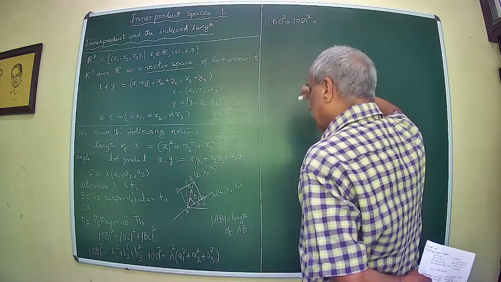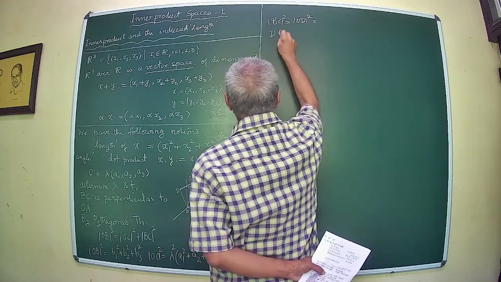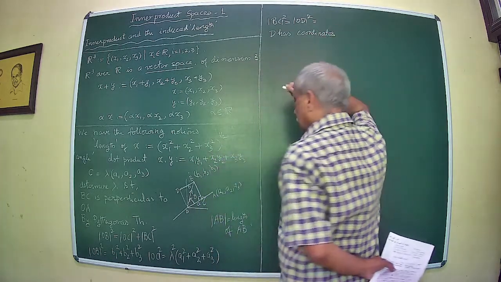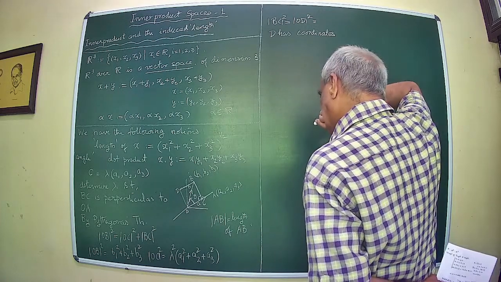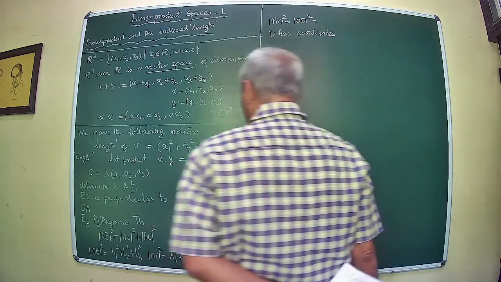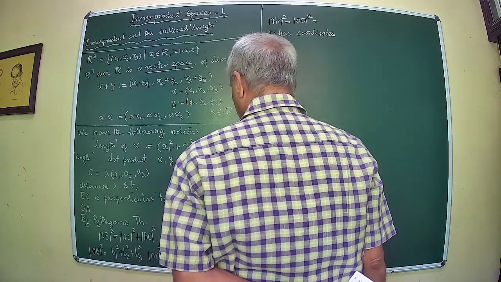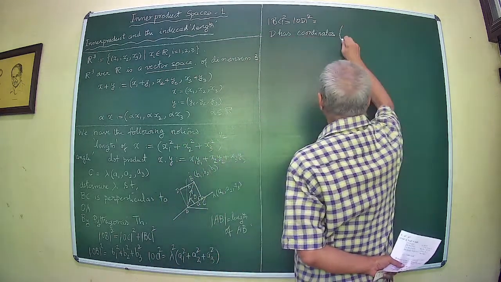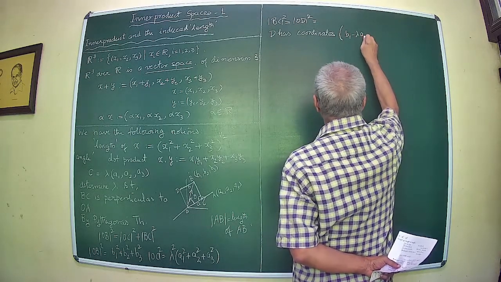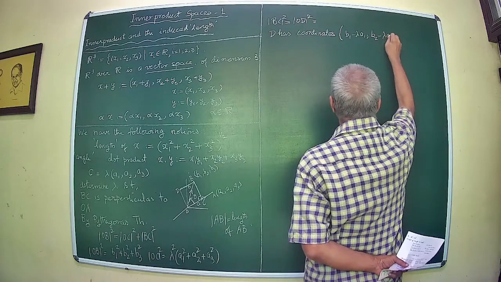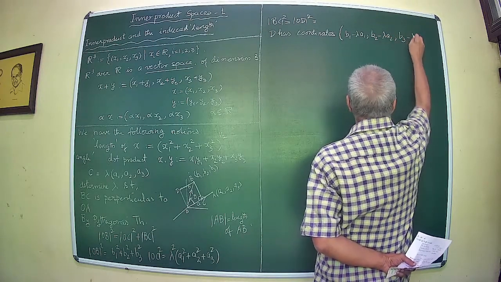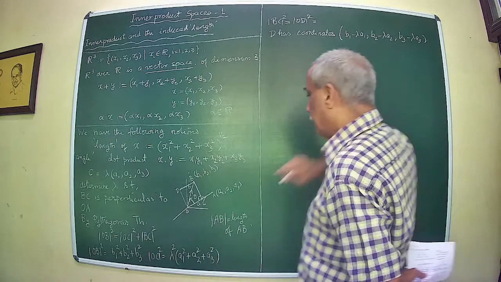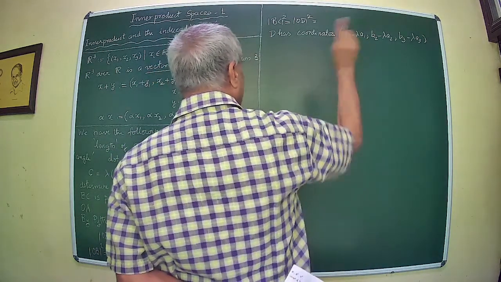D has coordinates B1 minus lambda A1 and so on, that is, this is essentially OB minus OC. So that's what we have written.